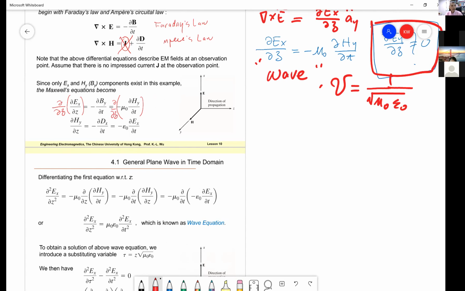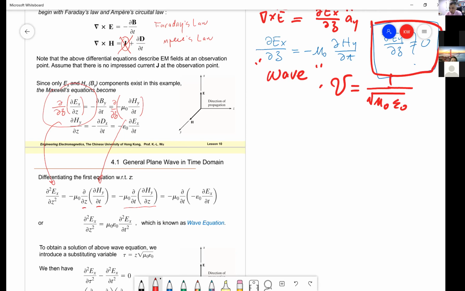So I take the derivative with respect to z on both sides of the first equation, and this term becomes second order. And why take the derivative on this side? Because I can interchange partial z and partial t, since this is a very well behaved continuous function. So I can swap the derivatives.